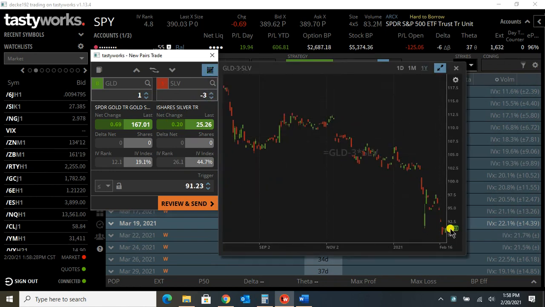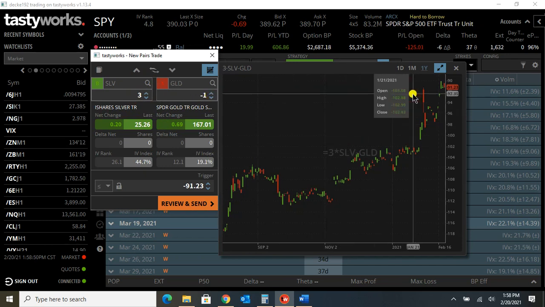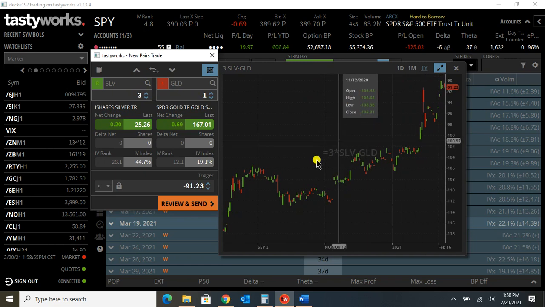And here's what that chart looks like. If I was putting on this trade, I would go with the trend in this case. Like I said, if you think this chart's going to reverse and gold's going to start outperforming silver, then you'd put it on this way. But I would swap it, where I'm buying 3 shares of silver and selling 1 share of gold, expecting this chart to continue in this direction.